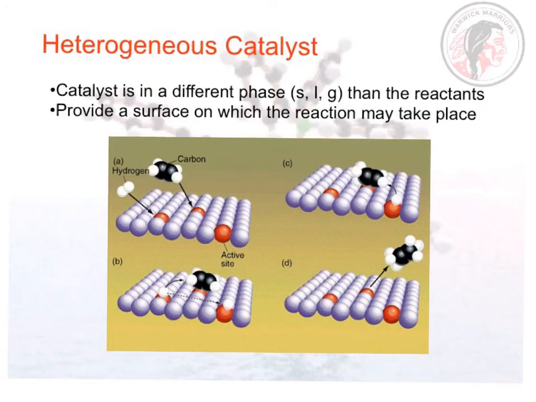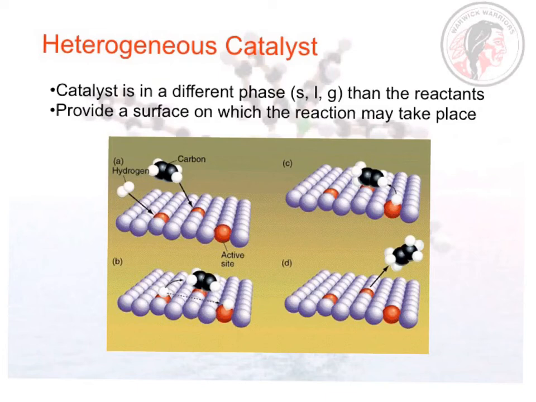In the last example, the bromide ion was a homogeneous catalyst because it was in the same state of matter as the reactant hydrogen peroxide. They were both in the aqueous phase. This slide shows an example of a heterogeneous catalyst. In a heterogeneous catalyst, the catalyst is in a different phase or different state of matter than the reactants.